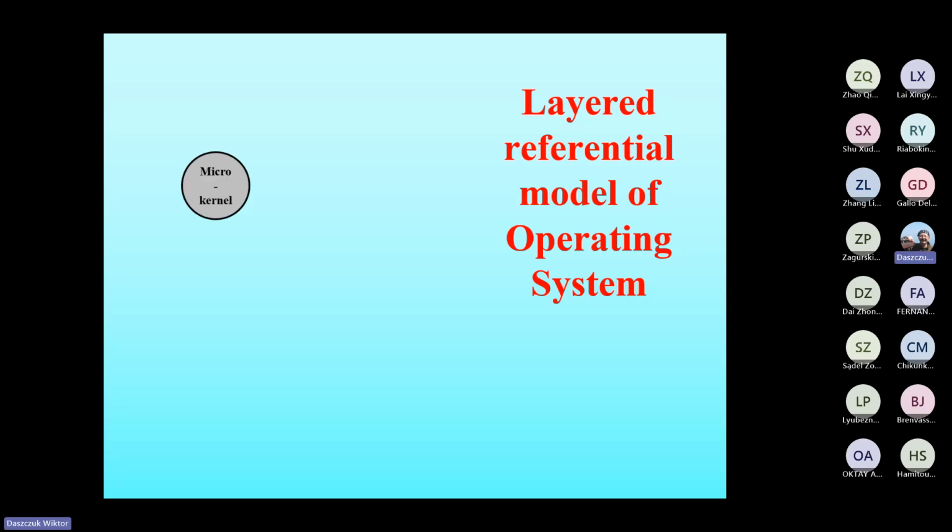On the bottom, there is the microkernel. The microkernel of the operating system is responsible for splitting the set of physical processors into a number of virtual processors for every task in the system.